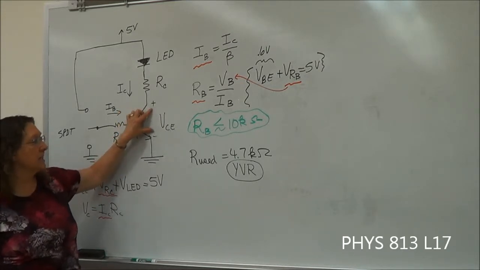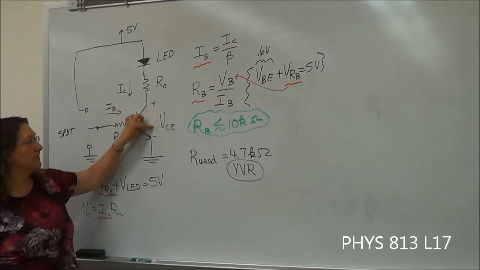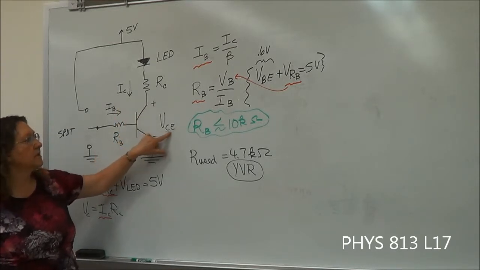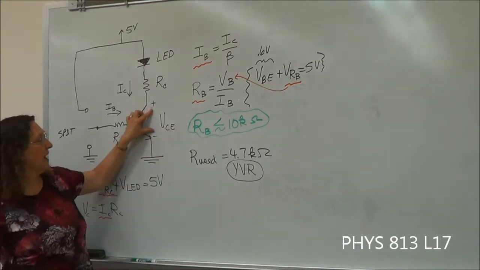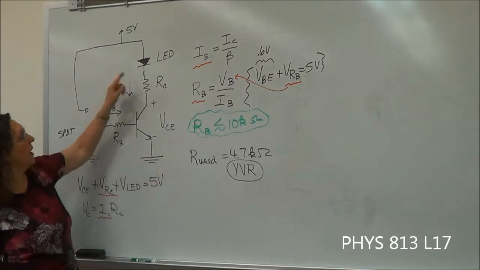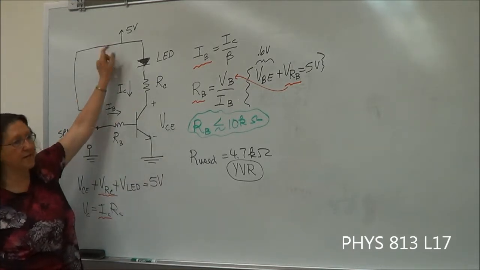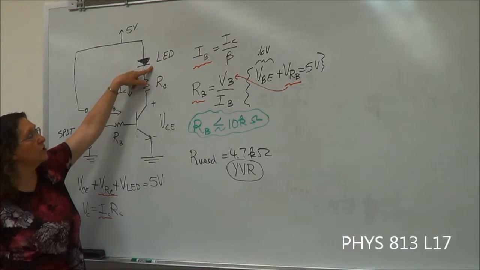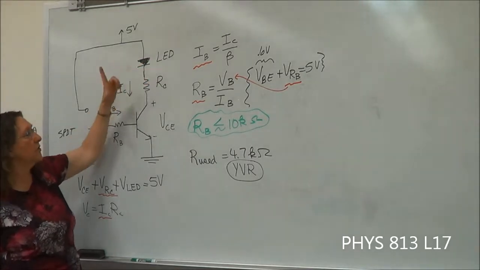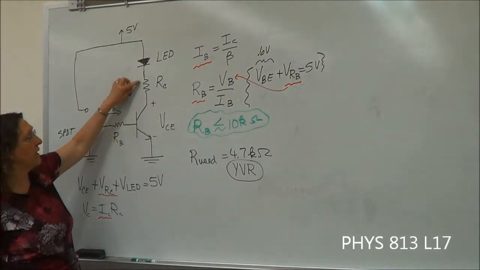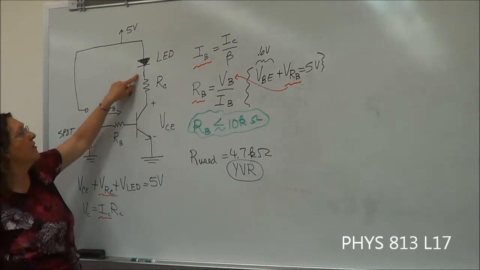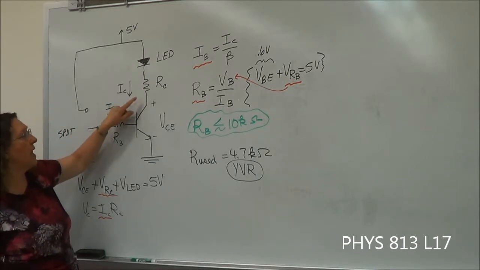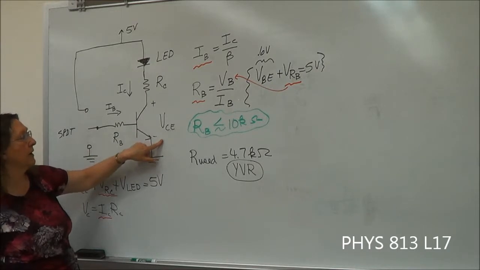And when it's in saturation, this voltage is about 0.2 volts. So if we think about this, from ground up to here is 5 volts. That's fixed. The voltage across the LED to make it light up is fixed. So the other two things that can vary are the current, and if you have a particular resistor here, the current through this can vary and the voltage across this can vary.